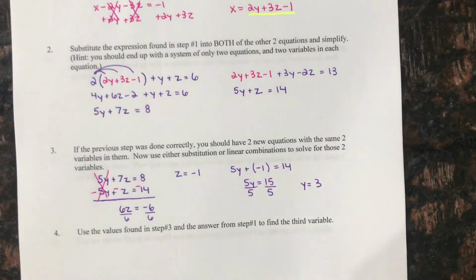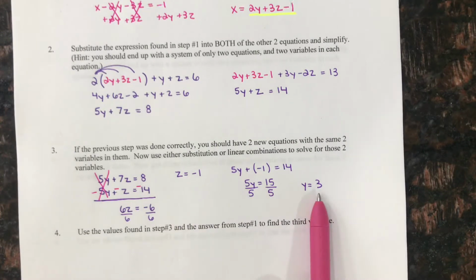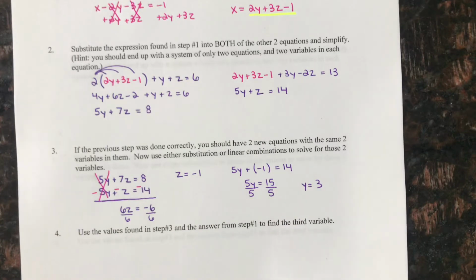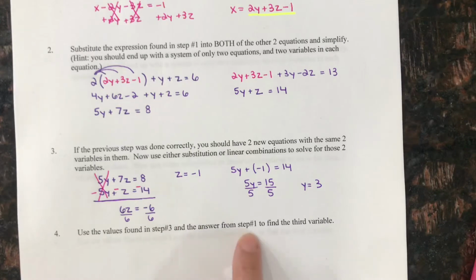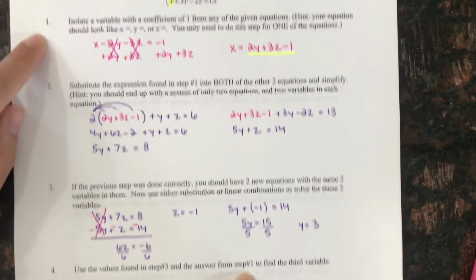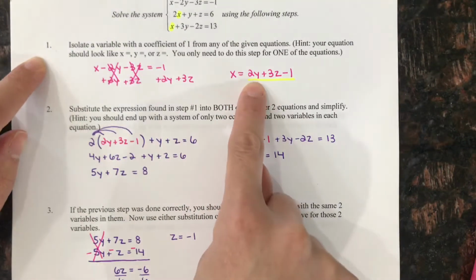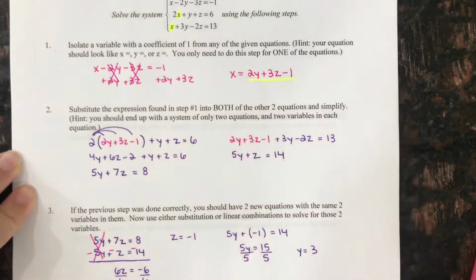So far, I've got 2 of my variables. I've got z, I've got y. Now I just need to find x. Now it says to use the values in step 3, and the answer from step 1, notice I have this expression up top, or this equation, that represents the x value.